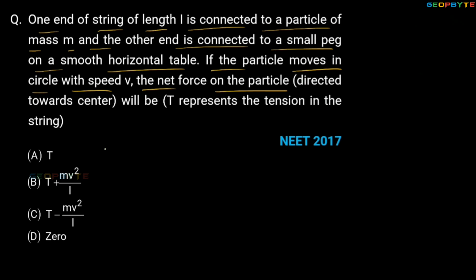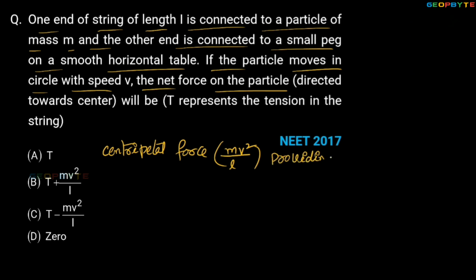Okay, let me write that point. Centripetal force, that is mv square by length L, mv square by L or mv square by r, you can write. r equal to radius of rotation. Centripetal force is provided by the tension in the wire.